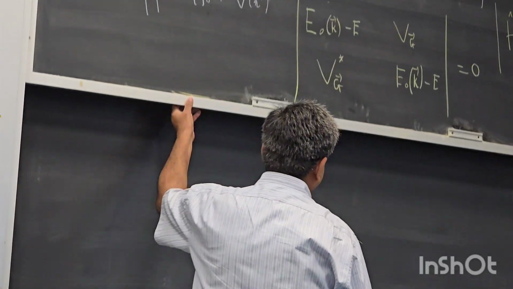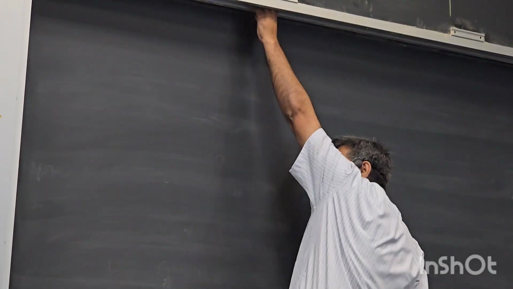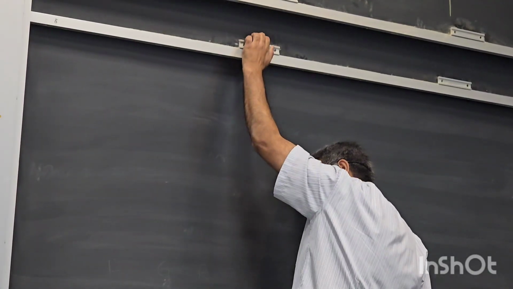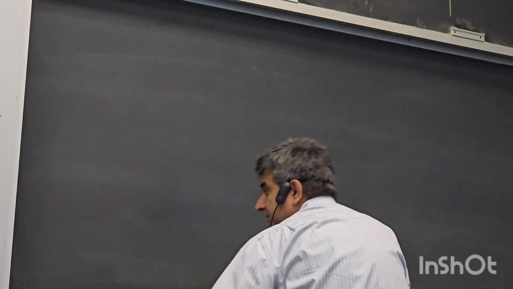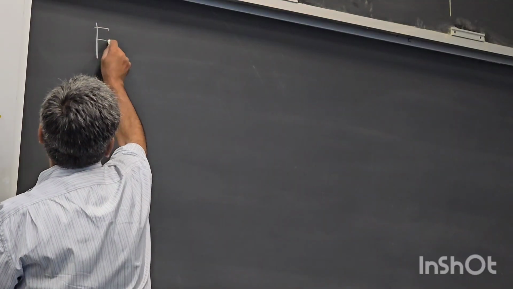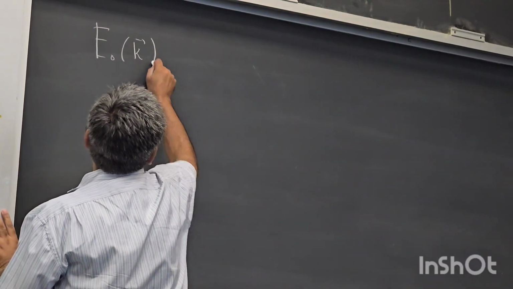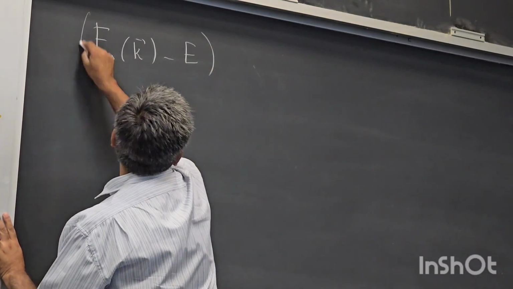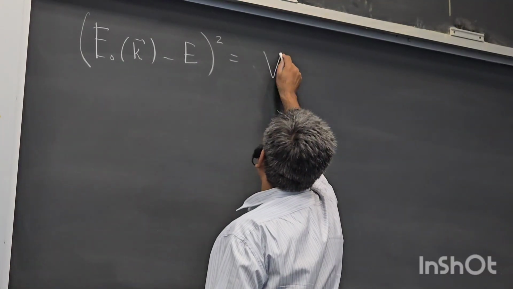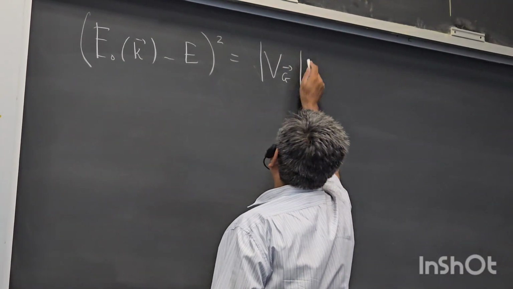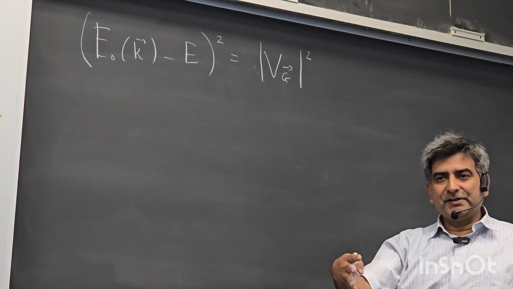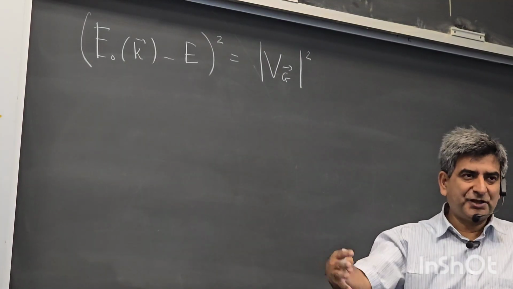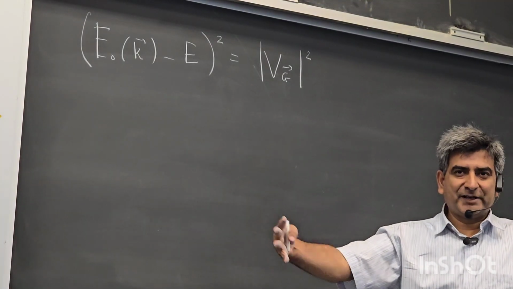So this is trivial to solve. The solution to this: E naught K minus E squared equals Vg modulus squared. So if you have G here, this is at the first edges of the first Brillouin zone, otherwise you'll have 2G, 3G at the other zone edges.